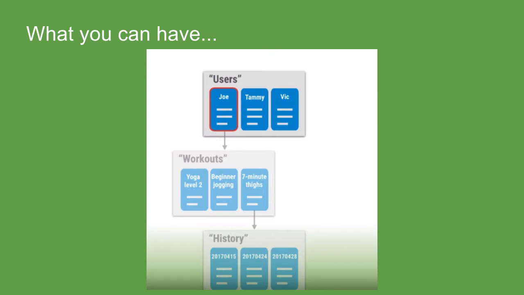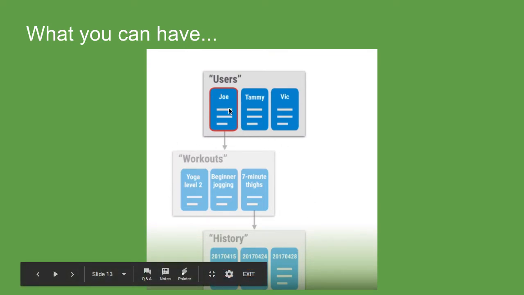What you can have is this. As I showed you before, let's say you have a collection of users. Each document will be a different user, and you can have a document pointing to another collection of documents.